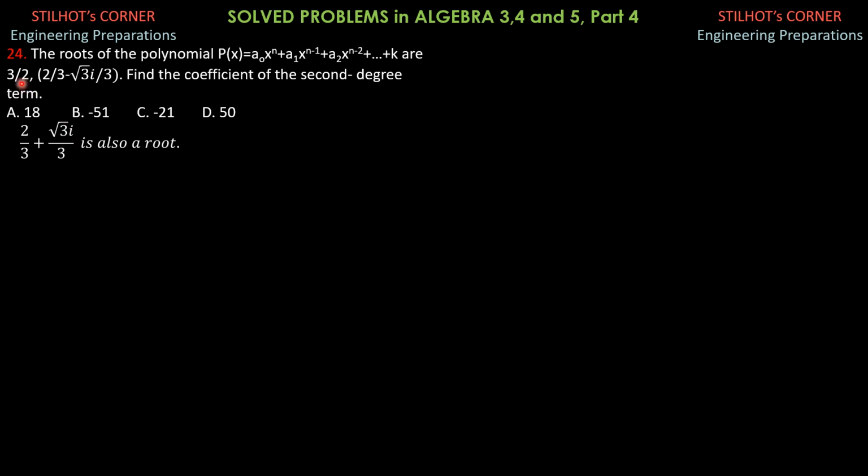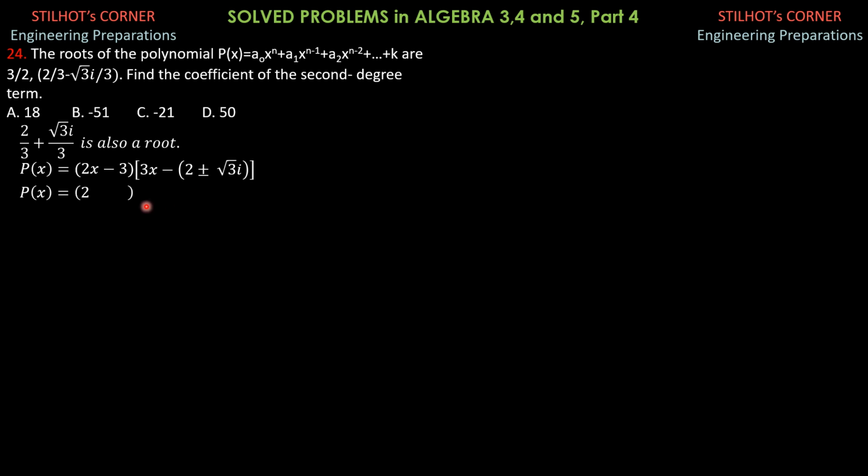So p of x, the root 3 halves can be written as 2x minus 3, then times 3x minus quantity 2 plus minus square root of 3i.